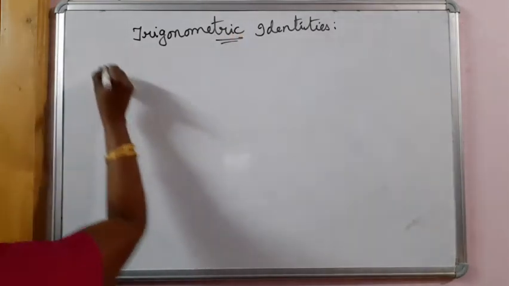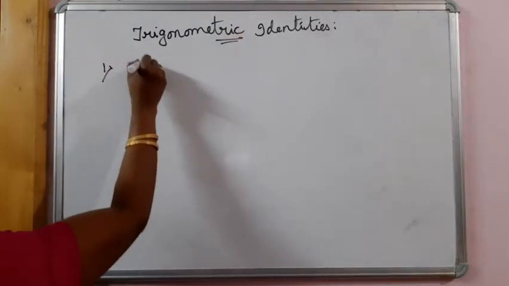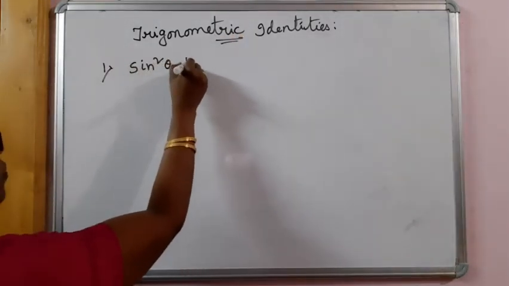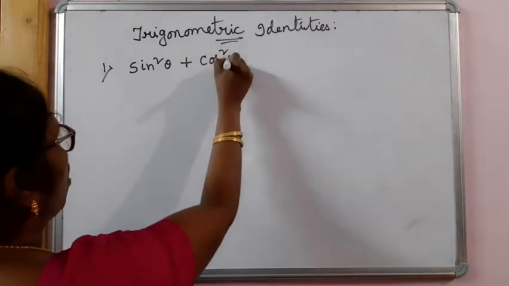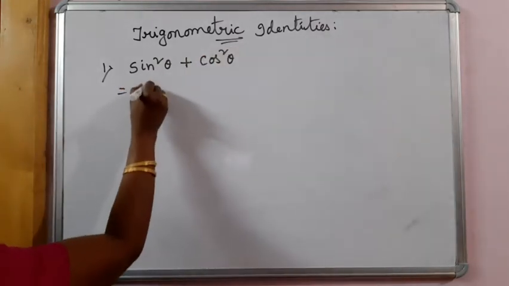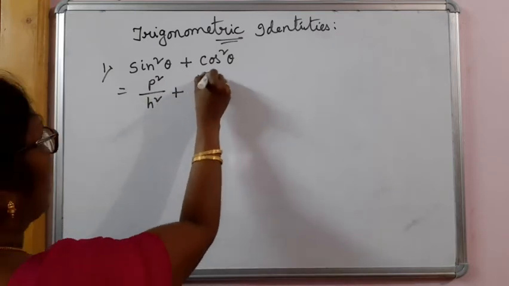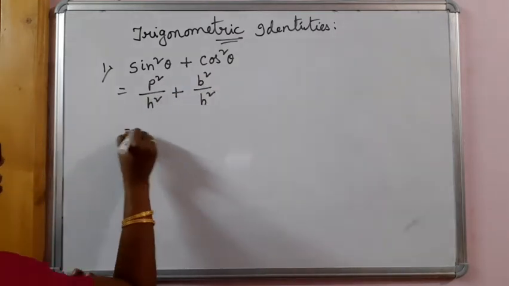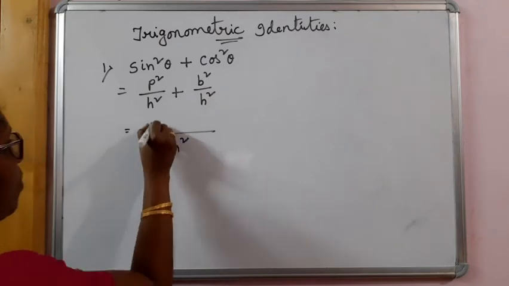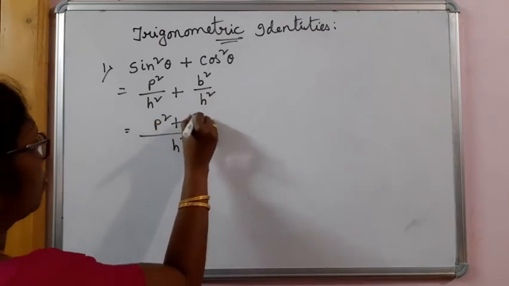So, for your first identity, let me find the value of sin square theta plus cos square theta. Sin square theta is p square by h square. Cos square theta is b square by h square. When you take h square common, you will get p square plus b square.